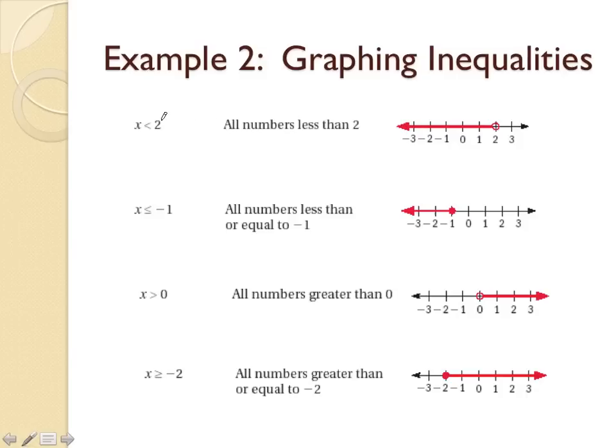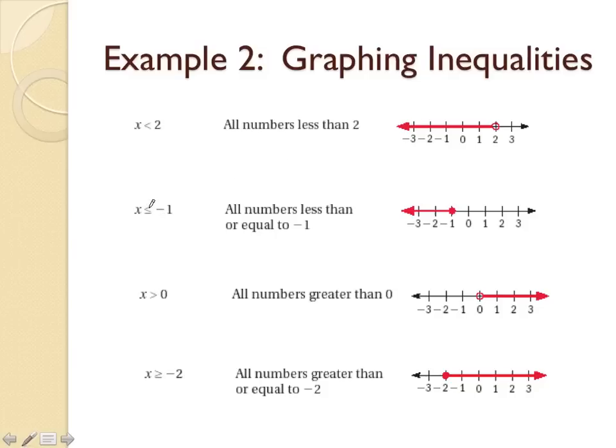One little tip is that if you think of the arrowhead of the inequality sign as a direction, you're going to shade in the direction that it points. Since it looks like it's pointing to the left, we are going to be shading to the left. All right, let's look at the next example.